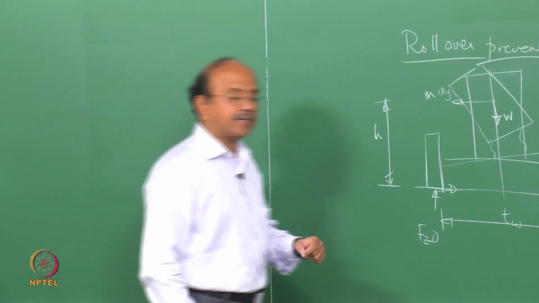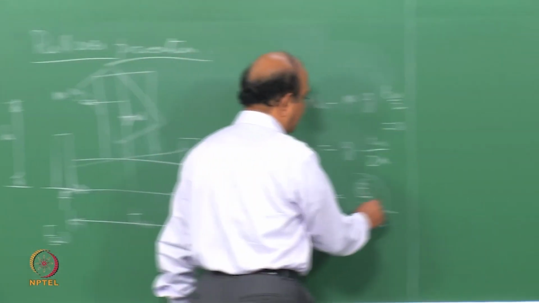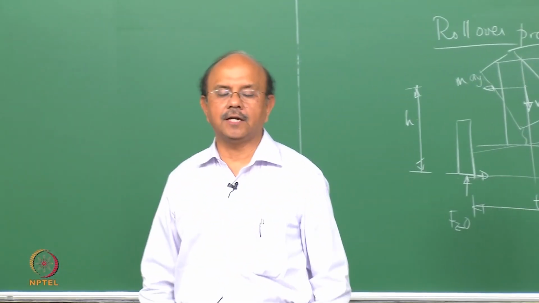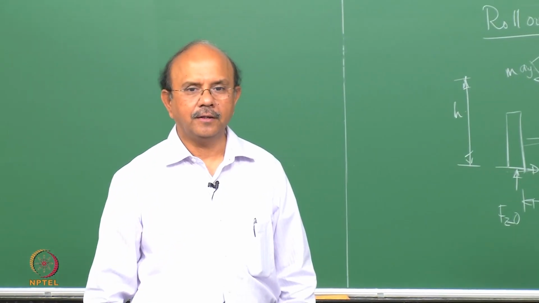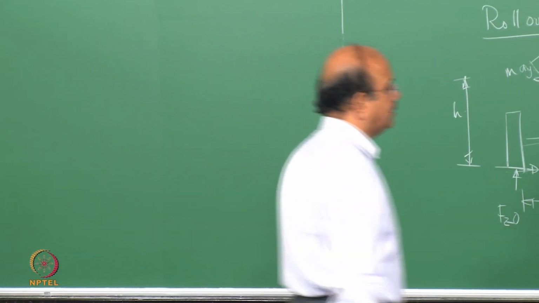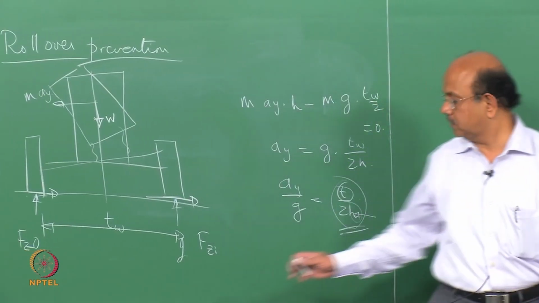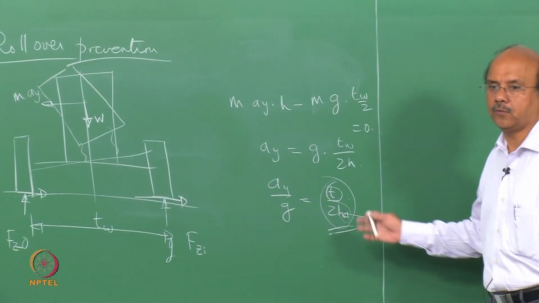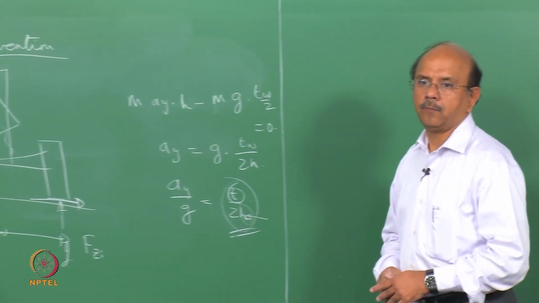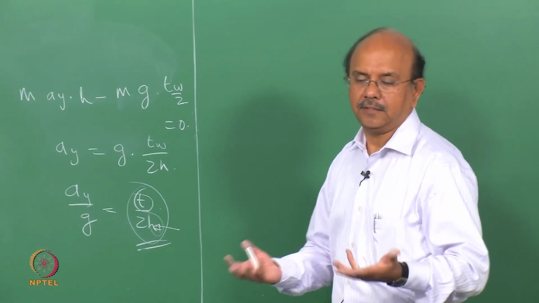So a number of factors affect this, which we'll list down in the next class. Usually, if you design a vehicle, this factor T by 2h is, say, 0.8.